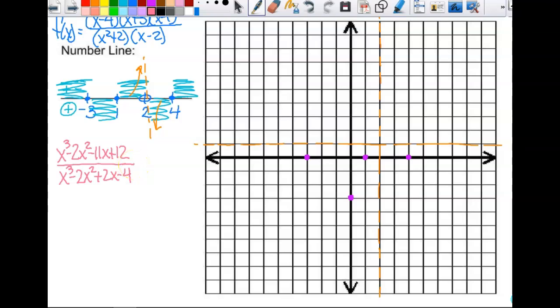And then what do I set that equal to? 1, and we like it when it's 1, right? Because that's my horizontal asymptote. So then I multiply both sides by the denominator. So that's x cubed minus 2x squared minus 11x plus 12 equals x cubed minus 2x squared plus 2x minus 4. Okay, y'all solve for x.